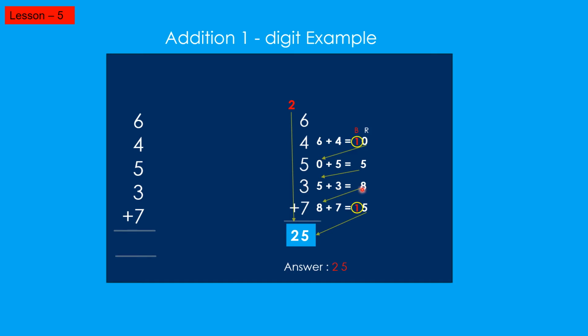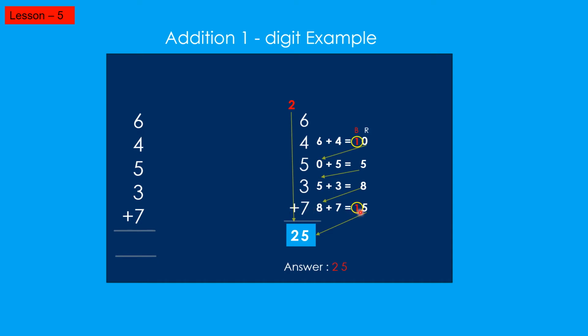And then 5 is again added to the next number 3. You get 8. So we are not going to write 8 as a base and remainder because it is a single digit number. So when you get a two digit number, or when your sum is more than 9, then you write it as a base and remainder. So now this 8 is added to the next number, that is 7. You get 15.